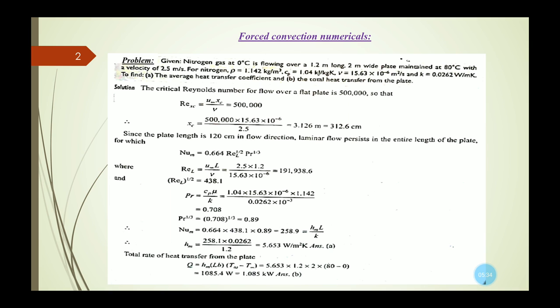Now if we consider the critical value of the Reynolds number, 5 into 10 to the power 5, then ux divided by nu is 5 into 10 to the power 5. From this relation we can calculate the length of the plate up to which the boundary layer is laminar. That length we get as 312.6 centimeter. Since the plate length is 120 centimeter in the flow direction, laminar flow persists in the entire length of the plate.